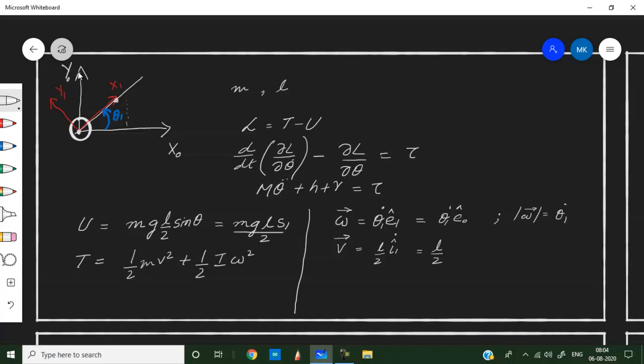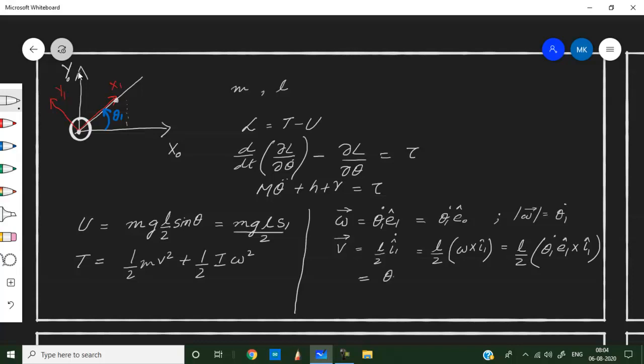I1 dot, the change in this vector, because it is rotating like this, is nothing but omega cross I1. It's a typical mathematical, or physical, way of writing I1 dot as omega cross I1. So this will be given by L by 2, and omega is nothing but theta 1 dot E1, so theta 1 dot E1 cross I1.